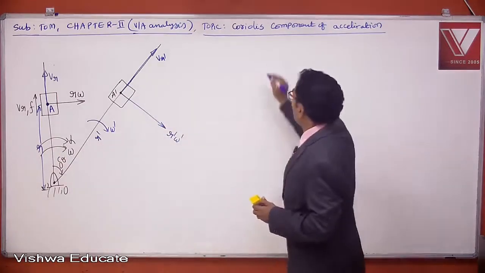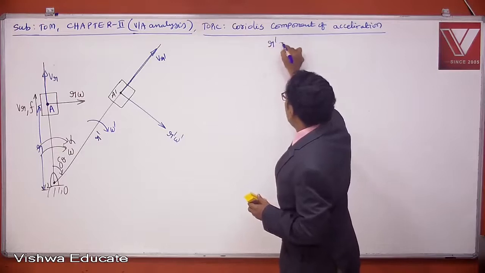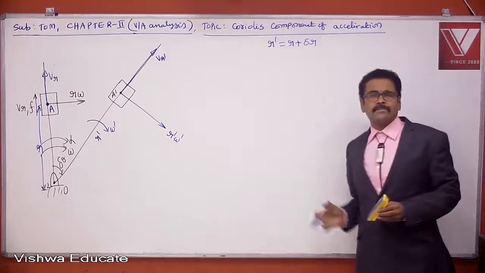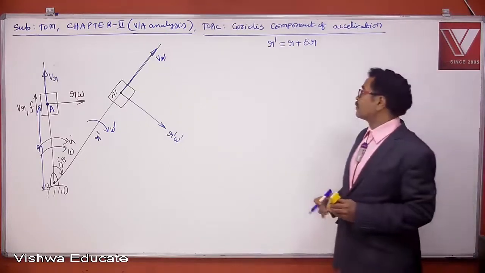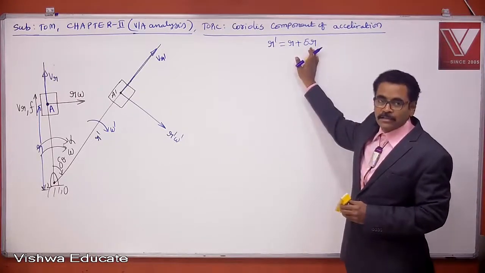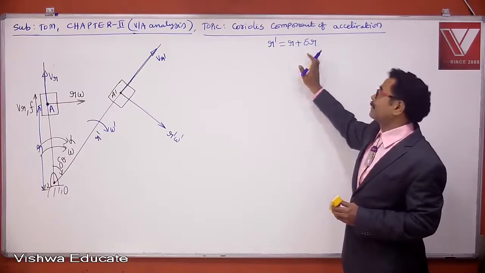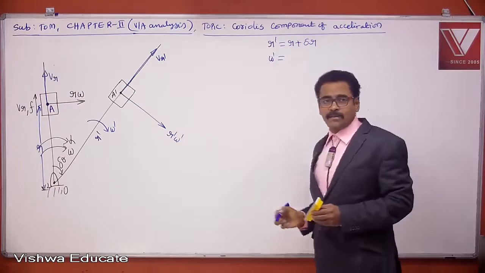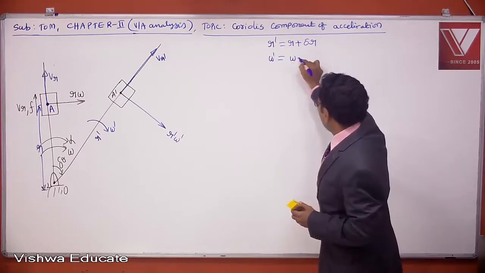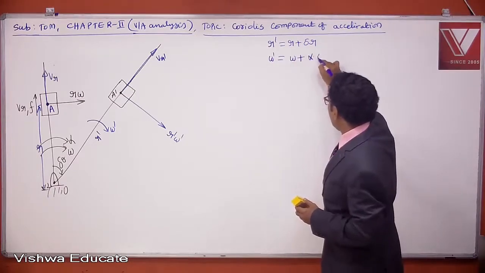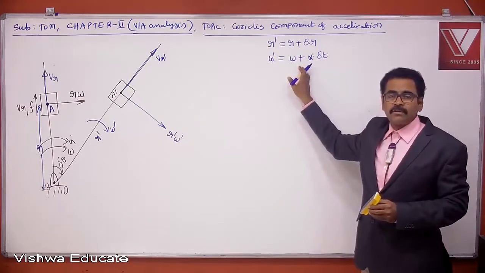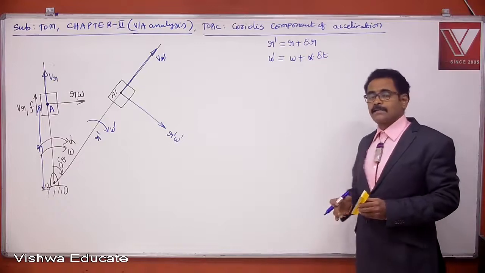Now I can write r dash is equal to r plus delta r. Final radius is equal to initial radius plus the change in radius in time delta t. And the final angular velocity omega dash is equal to the initial angular velocity plus angular acceleration into time, omega plus alpha into delta t. It is in the form of v equals u plus at, initial velocity plus acceleration into time.